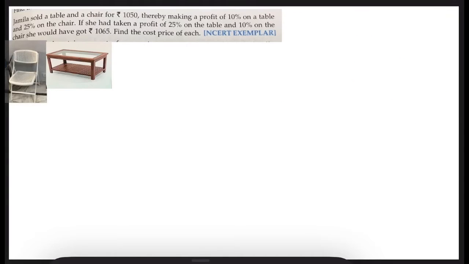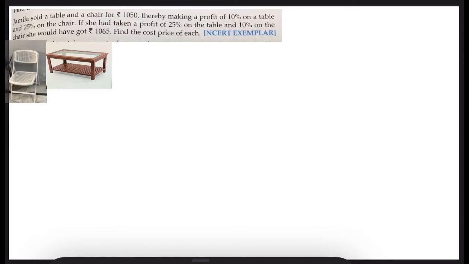Now, let us see. He is saying that Jamila sold a table and a chair for 1050 rupees. Thereby she made a profit of 10% on the table and 25% on the chair.